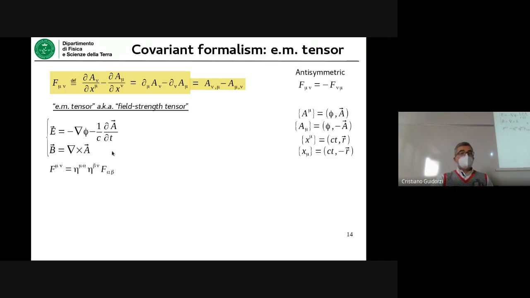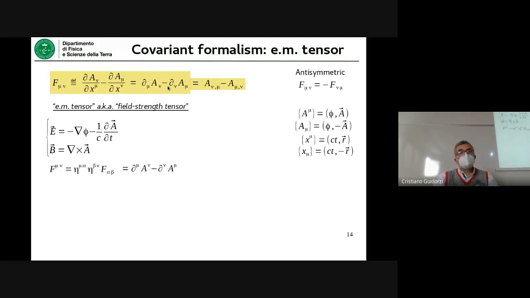I remind you, we are in flat space-time, so the metric tensor is just the Minkowski one. If you remember the rules when you raise and lower indices, you can define the equivalent contravariant coordinates of the electromagnetic tensor just by raising all the indices that you have here.